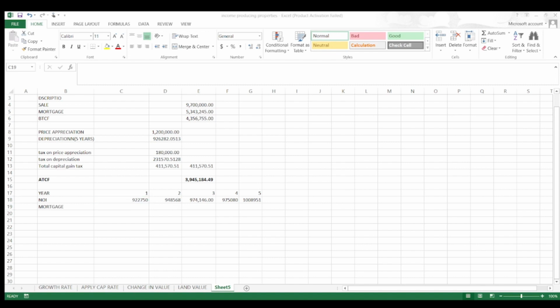However, the mortgage was a constant mortgage of 689,025. Now this amount is constant throughout the period.